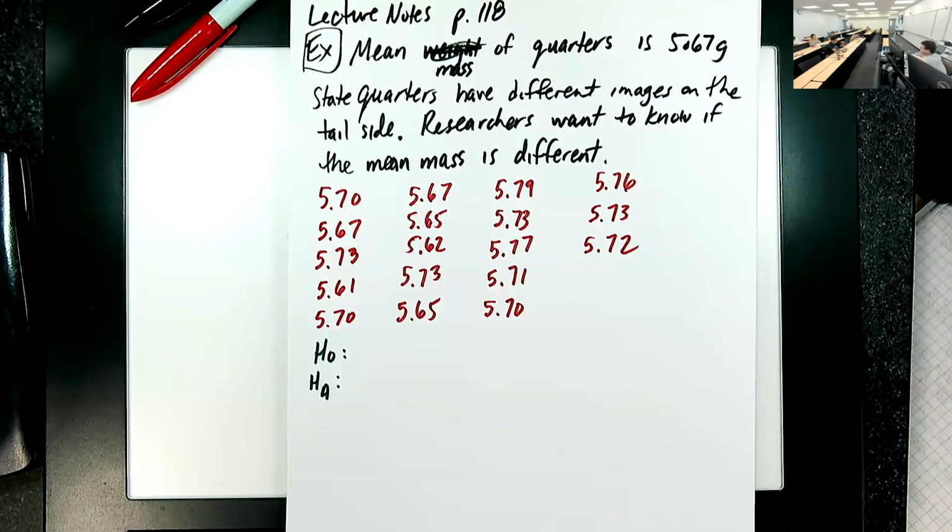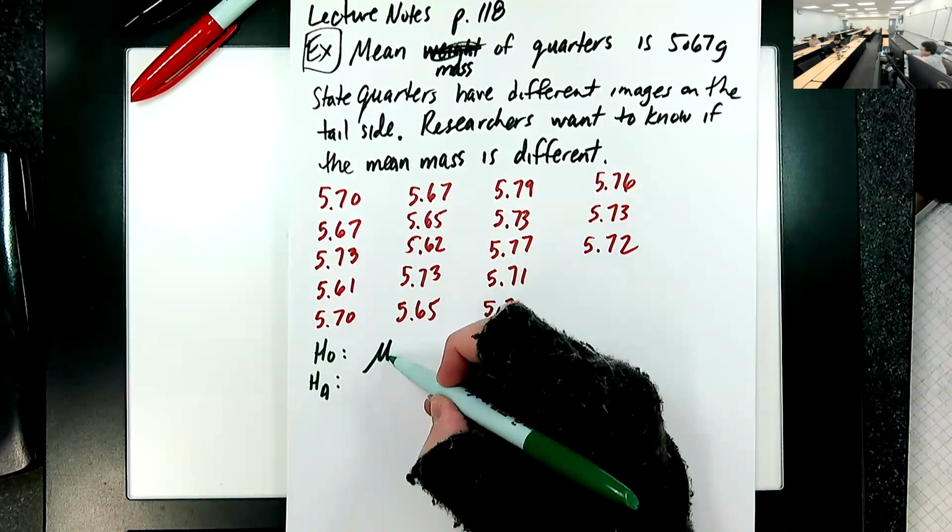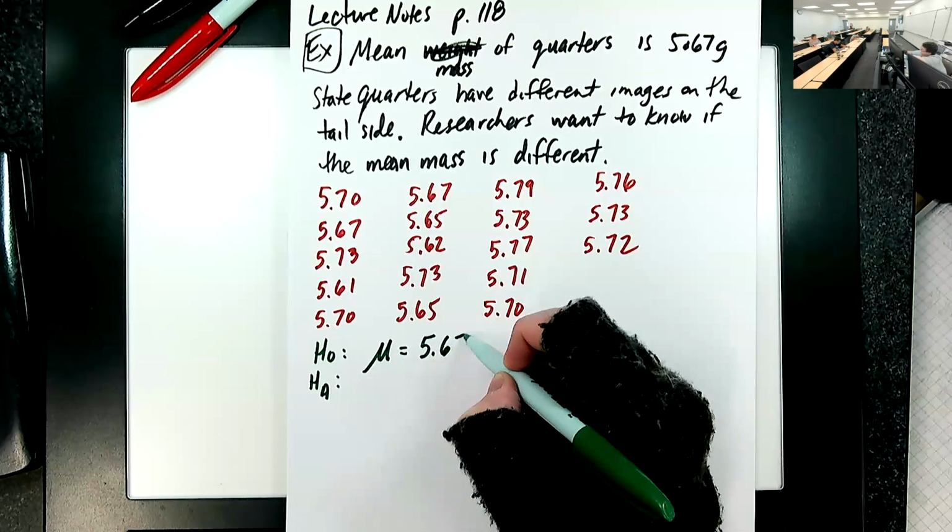The 5.67 grams is what? H0. Yeah. And it's a mean, so we're gonna say the mean is 5.67 grams.